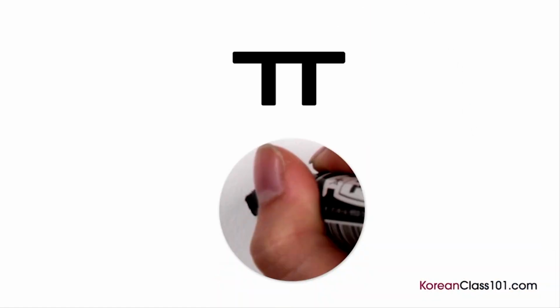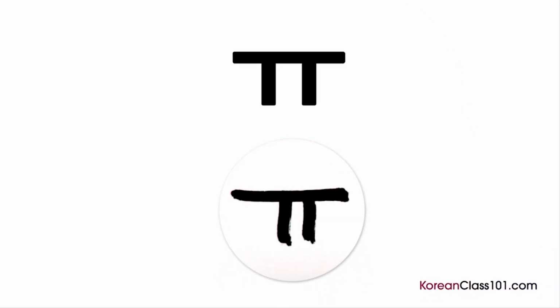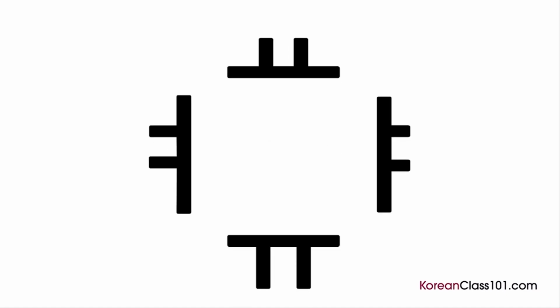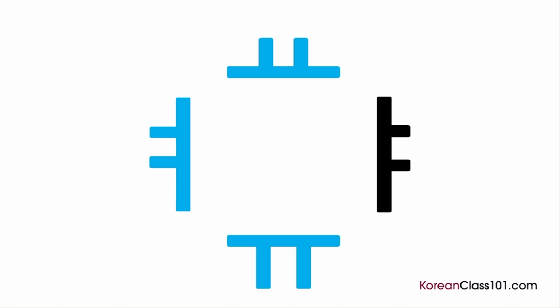Likewise, take U and add another short stroke, and it becomes 유. Can you read these 4 vowels now? Counterclockwise from the top: 요, 여, 유, 야.